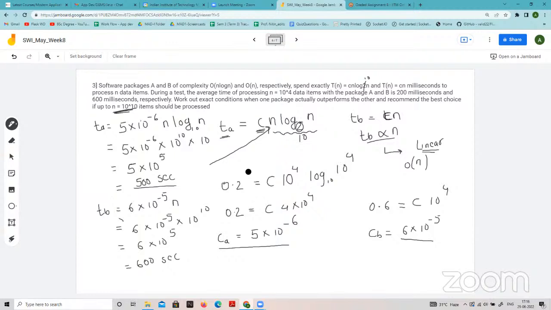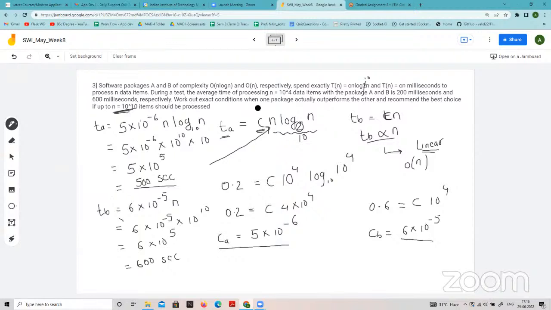And one more thing, this is up to n equal to 10 raised to power 10, right? It is not equal to 10 raised to power 10. No. See, here n equals 10 raised to power 10. I'm specifying, right?